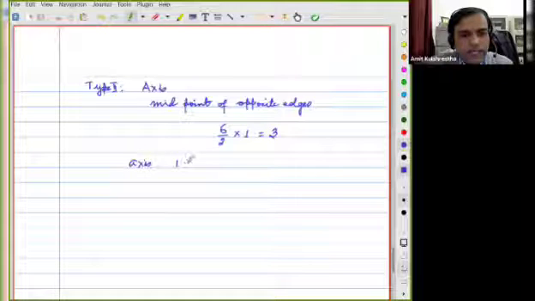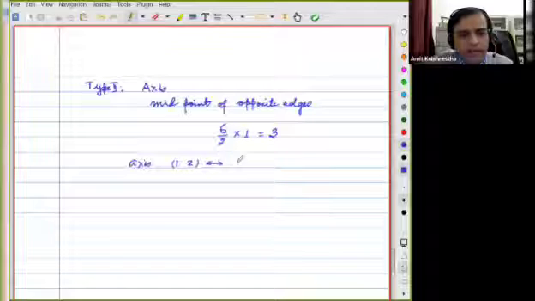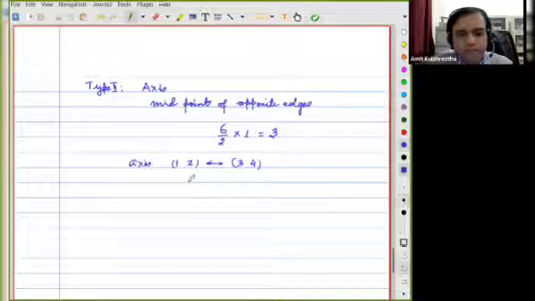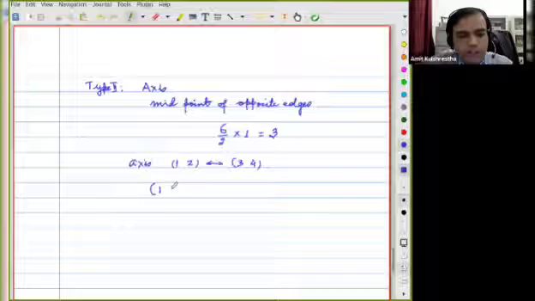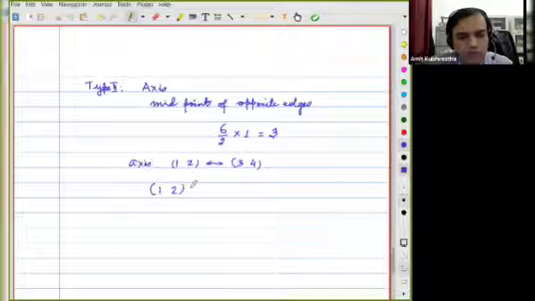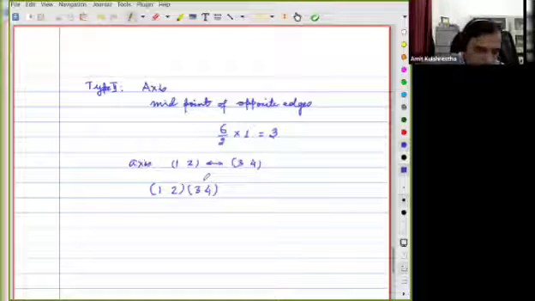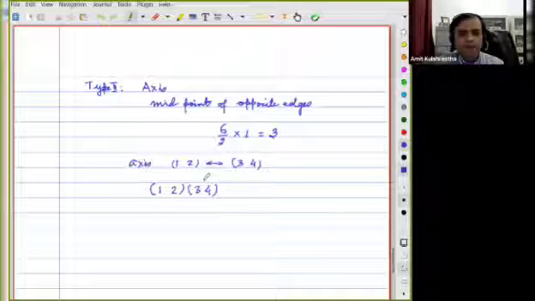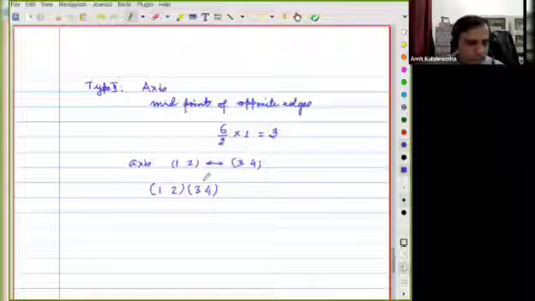Then the corresponding rotation is given by this permutation, because 1 and 2 will be swapped and 3 and 4 will be swapped. And there are 3 such rotations because there are 6 by 2 choices.